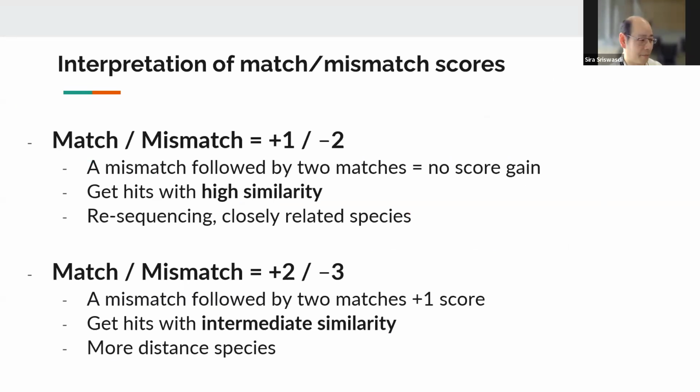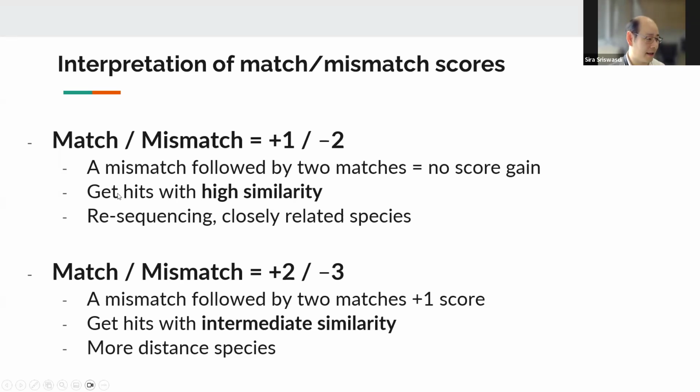Let's think about the match and mismatch score first. Why did they give you defaults of plus 1 minus 2 and plus 2 minus 3? What does this mean? Let's say we look at the match to mismatch of plus 1 versus minus 2. This means that if you have one mismatch with 2 matches, you have no score. You get nothing, because one mismatch cancels out the 2 matches.